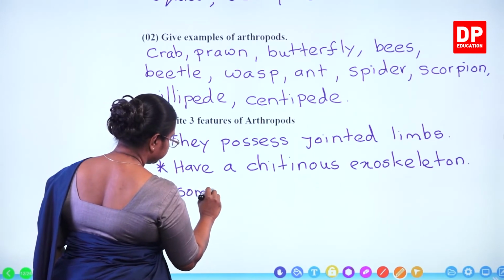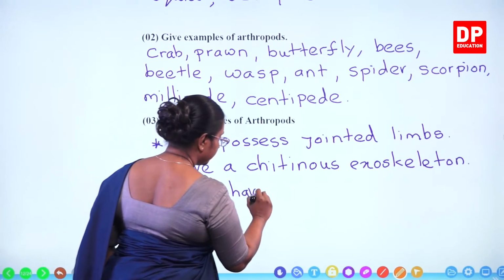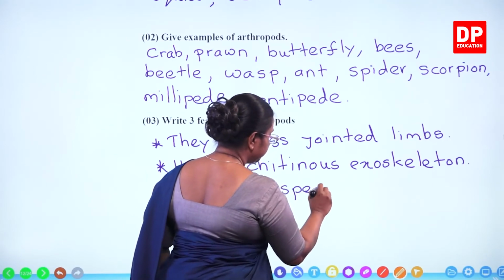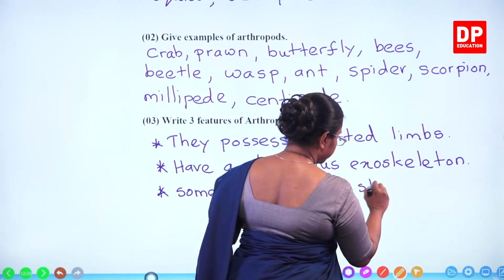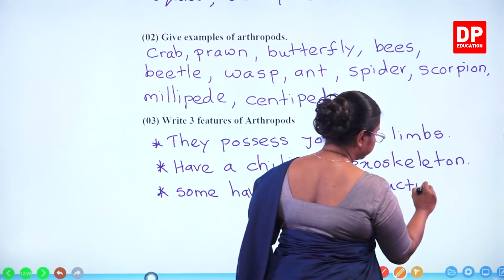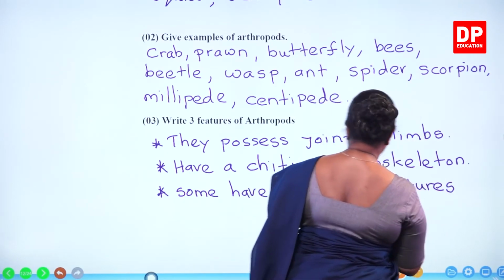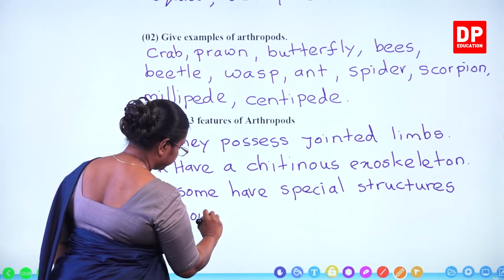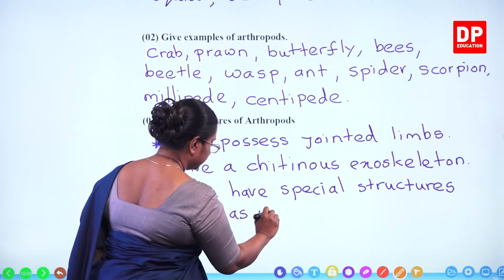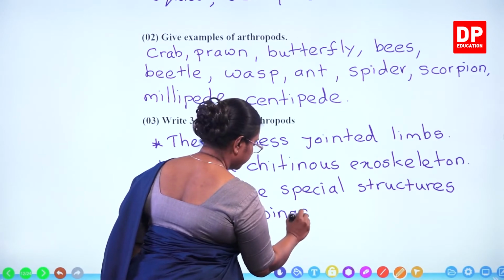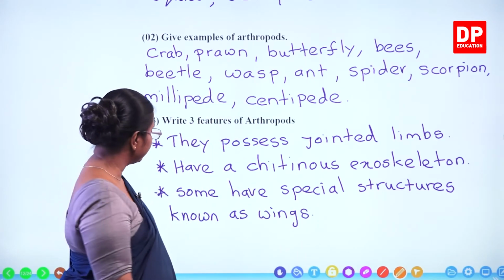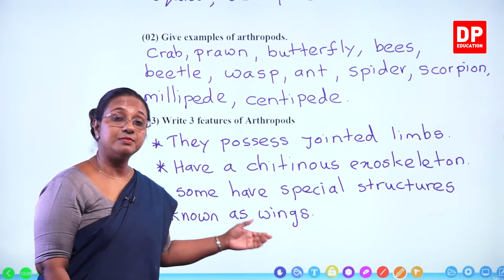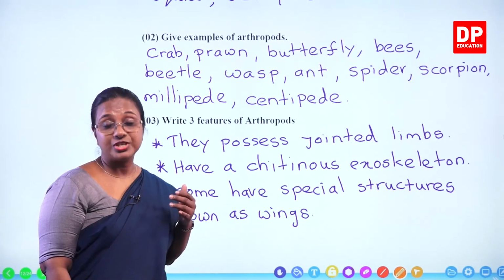Some have special structures known as wings. So they have special wings. Why are the wings special? Because the wings are part of the exoskeleton.